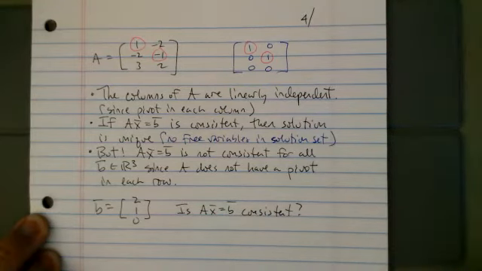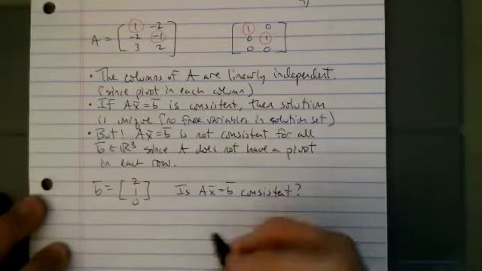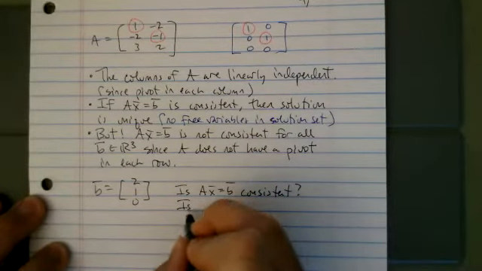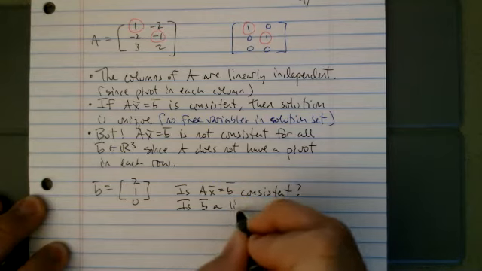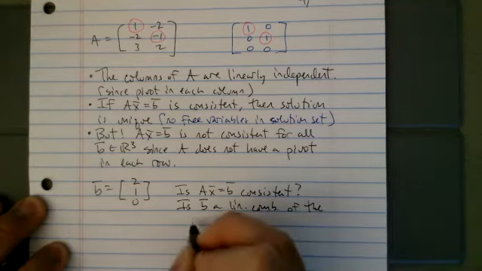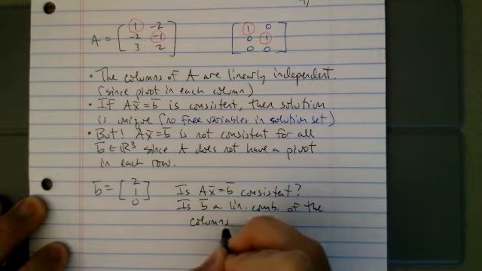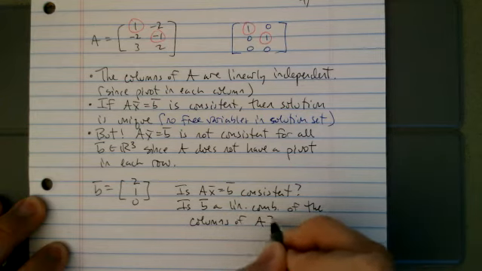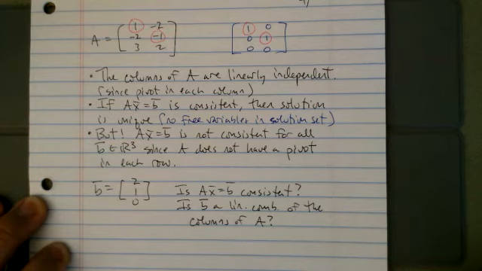Because there's a possibility that it's not. Also, we could be asking a similar question: is B in the span of the columns of A? Is B a linear combination of the columns of A? That's just the same question.